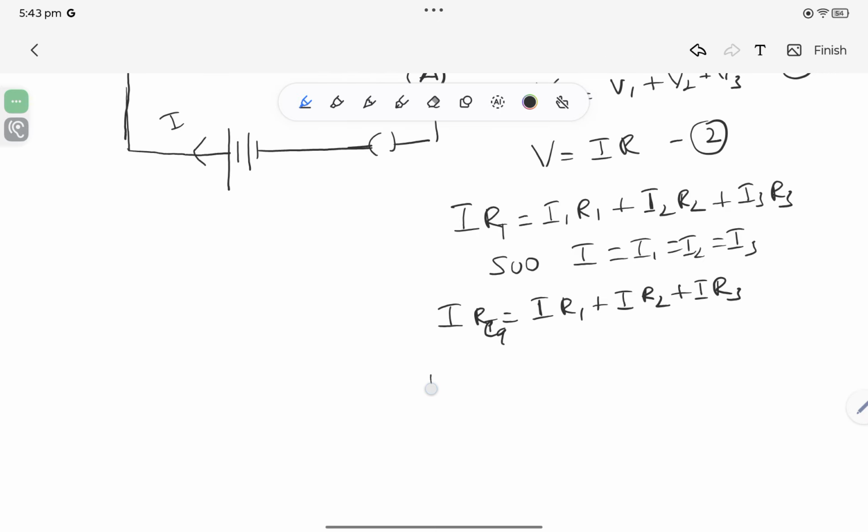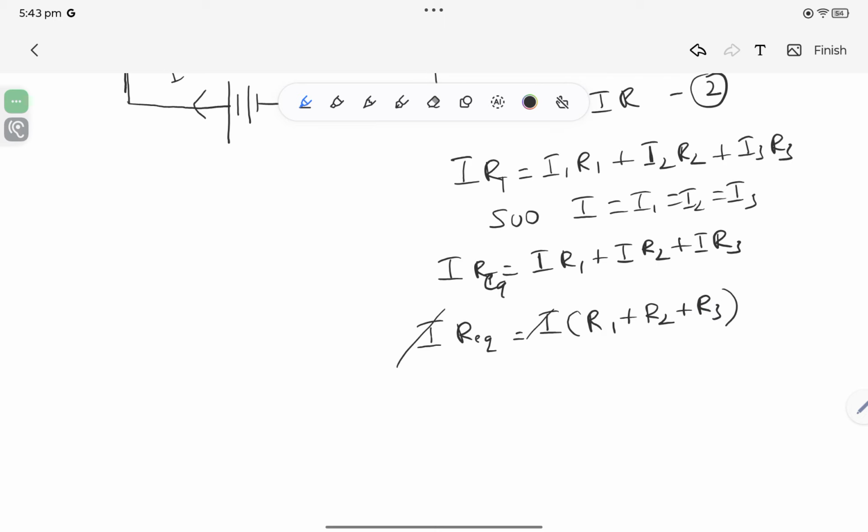Let us take I common. What is left? R1 plus R2 plus R3. So this I gets cancelled. So R equivalent is equal to R total is equal to R1 plus R2 plus R3.